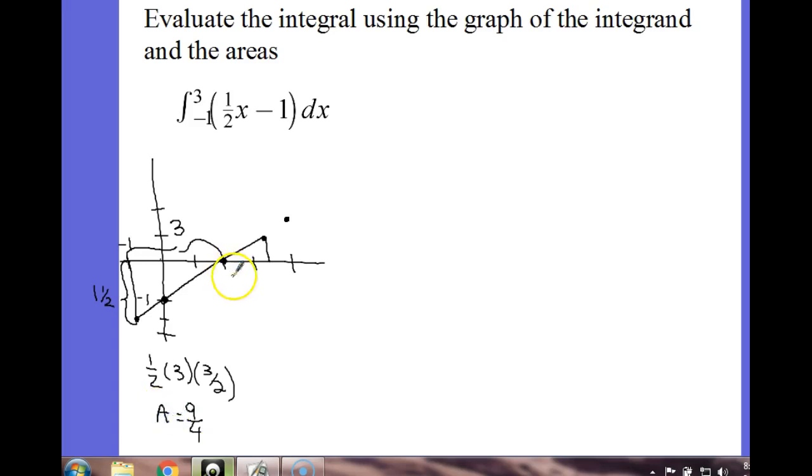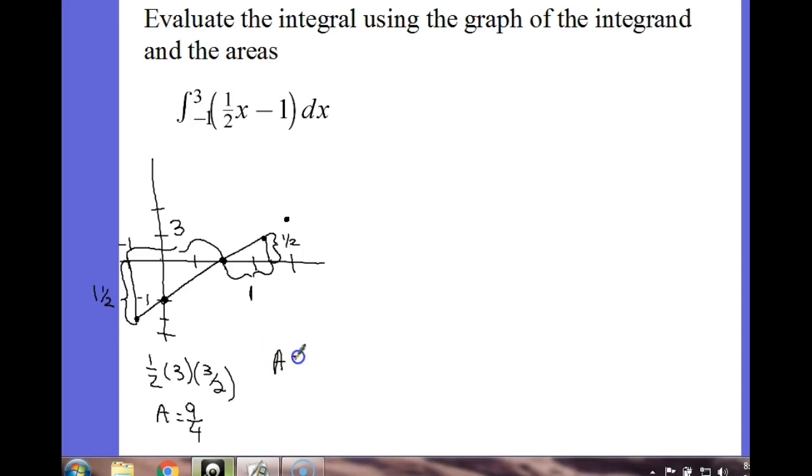This area here, what's the length of the base? Yeah, it's just 1. I think I have an extra little line drawn in there. Sorry, guys, because it only goes to 3. And then the height here. Good.